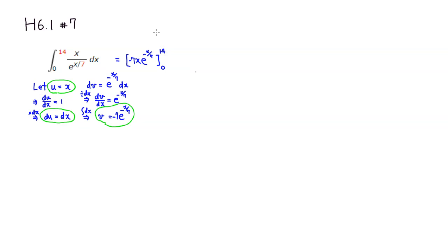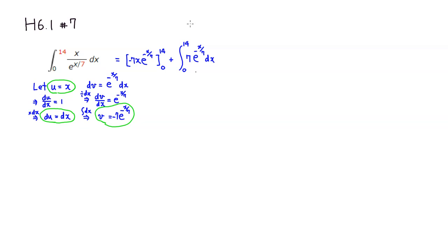Then minus the integral of v du. There's a negative sign, so it becomes positive, and you have 7 e to the negative x over 7 dx, going from 0 to 14.